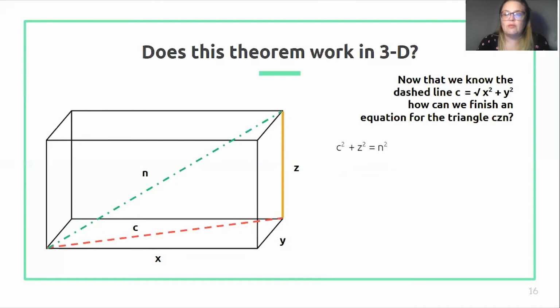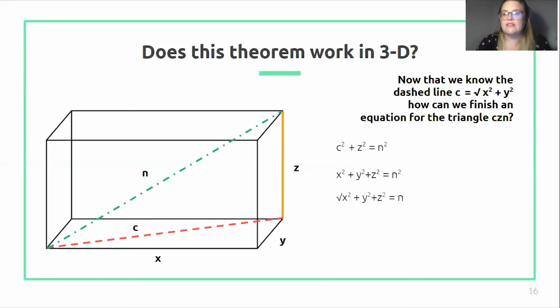So we know that we can put c squared plus z squared equals n squared because that's our Pythagorean theorem there. Now we also know that c squared is equal to the values x squared plus y squared. So we can substitute that into our equation, which gives us x squared plus y squared plus z squared equals n squared.